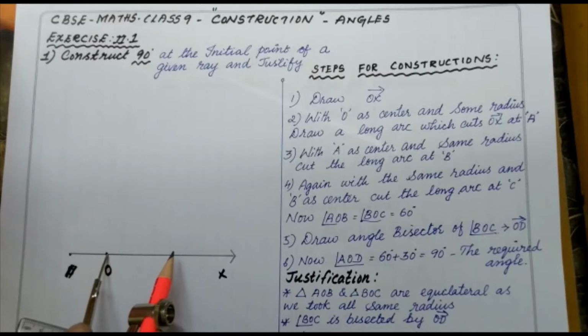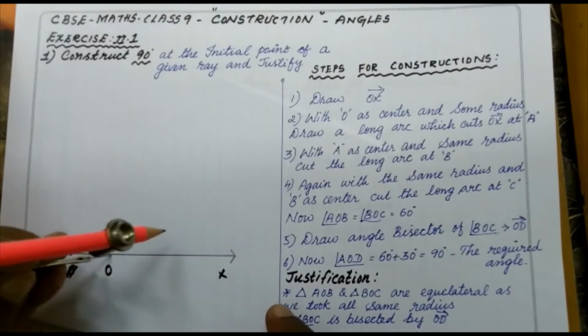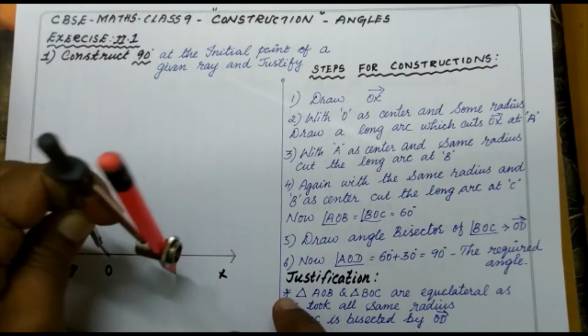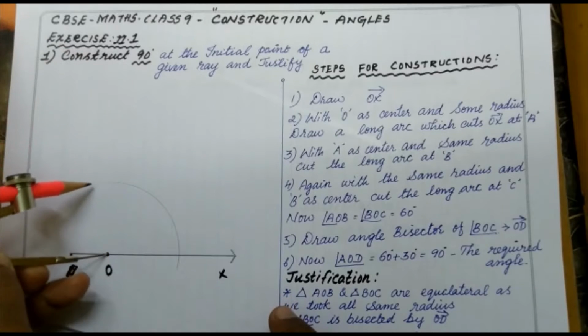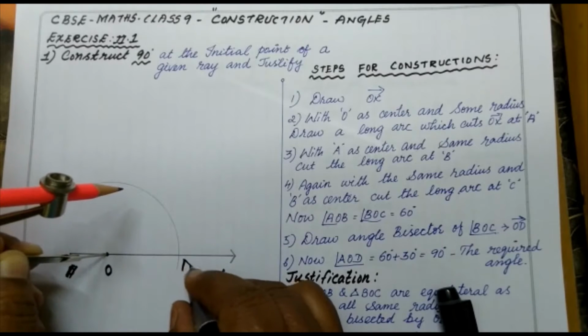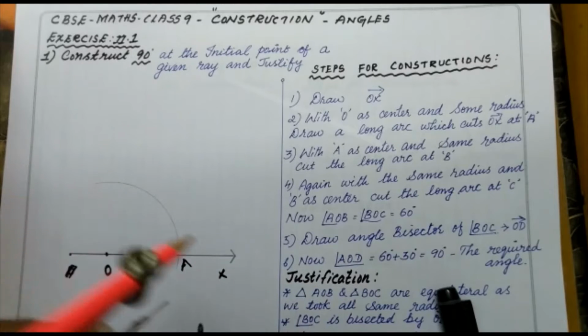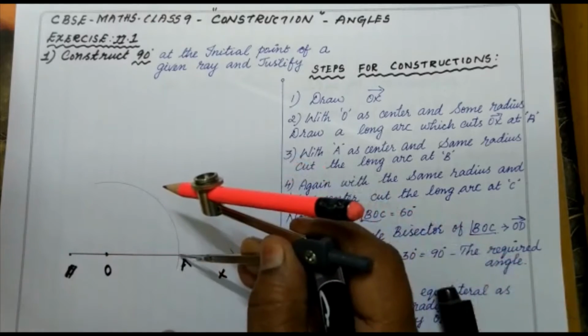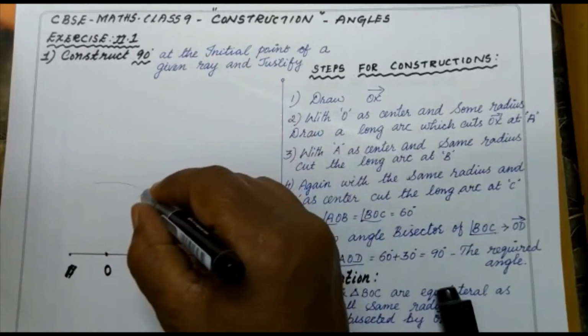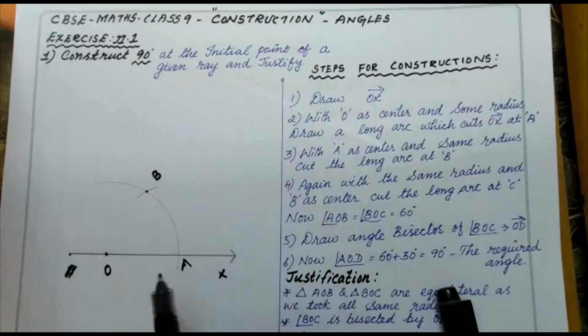You all know, with O as center, if I draw an arc, it will cut OX at A, right? And with the same radius from A, if I cut the arc, this point will be B and this AOB is 60 degree, right?